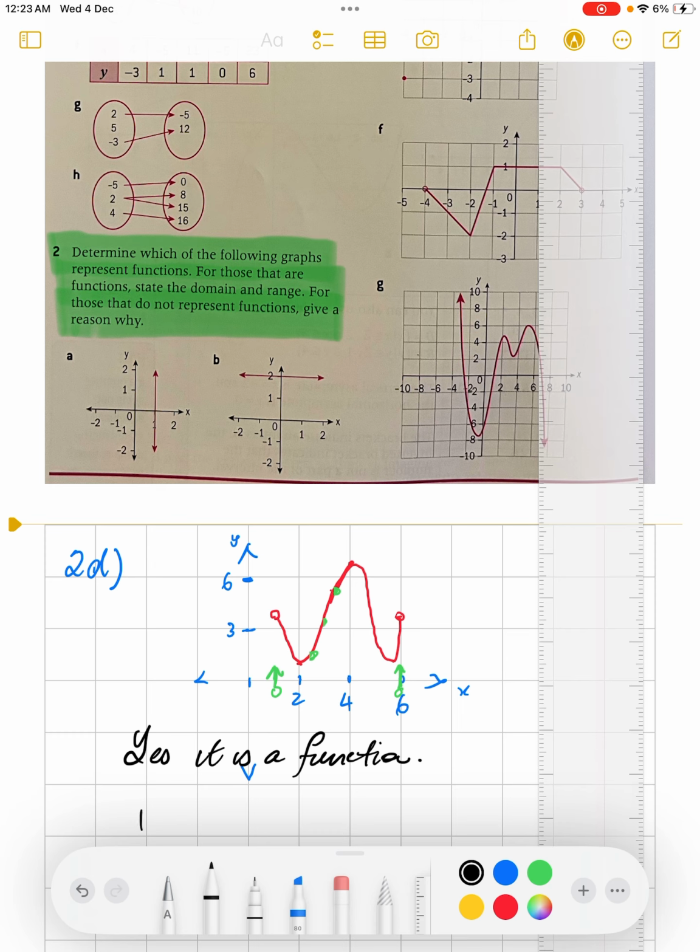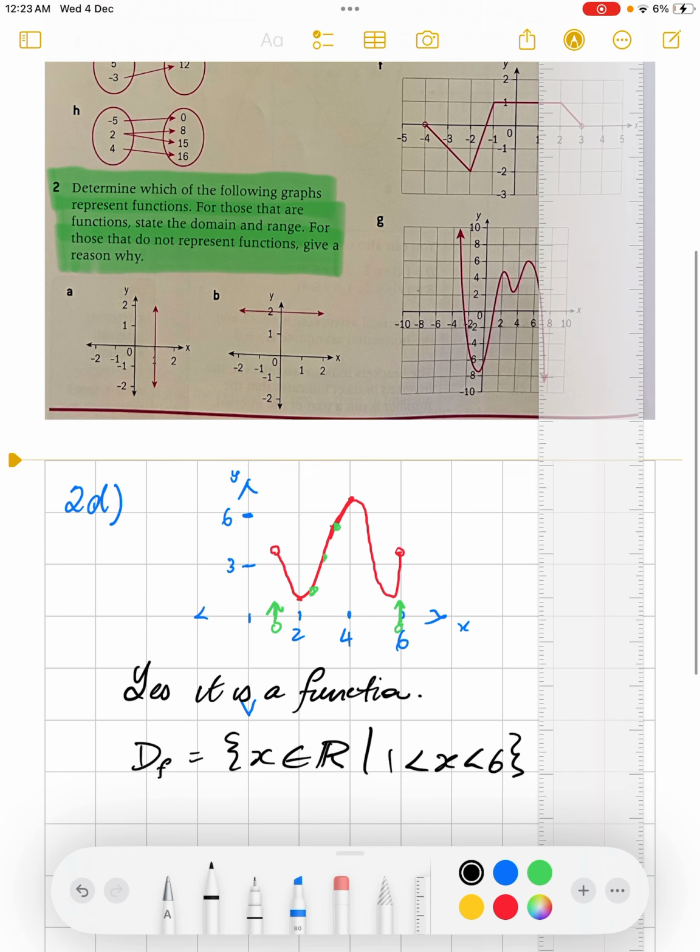So let's have a look at the domain of the function, and it is all the x's which are members of the real numbers such that x is between 1 and 6. Notice not equal. If it was a full dot, a coloured in dot, and a coloured in dot, we would put an equals.